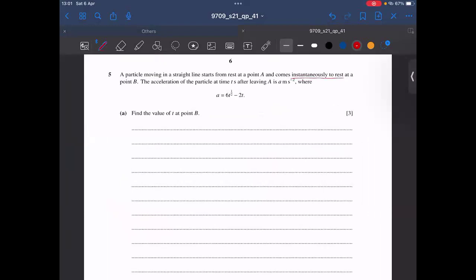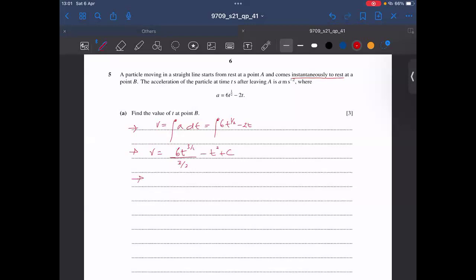So first I'm going to find V, which is the integral of a dt, equal to the integral of 6t to the power of half minus 2t. So for V, I'm going to have the expression 6t to the power of 3 over 2 divided by 3 over 2, minus t squared plus c.